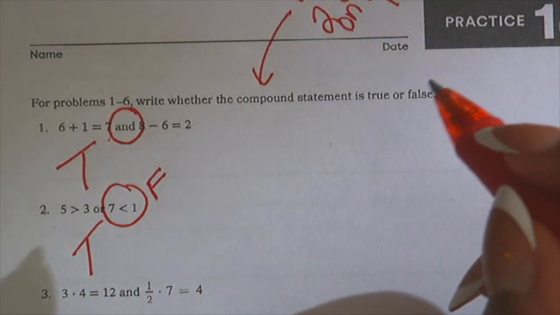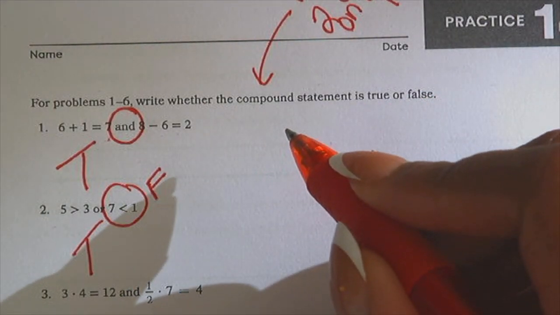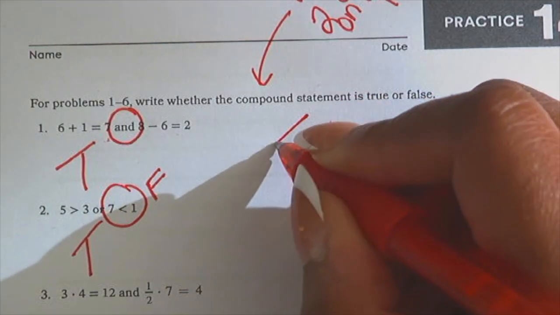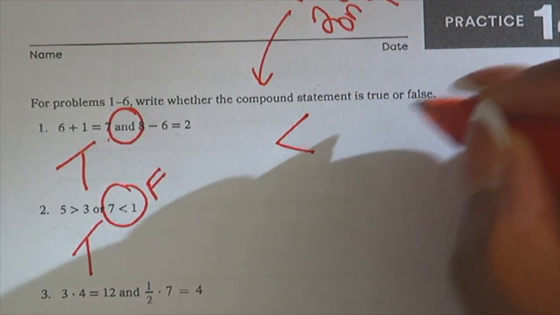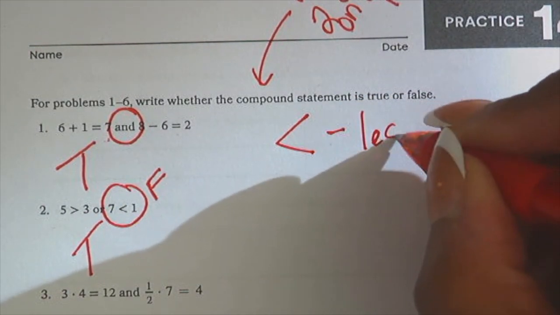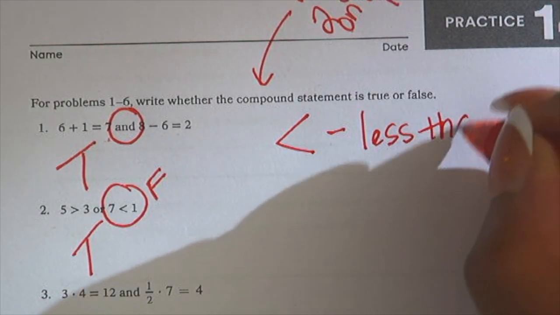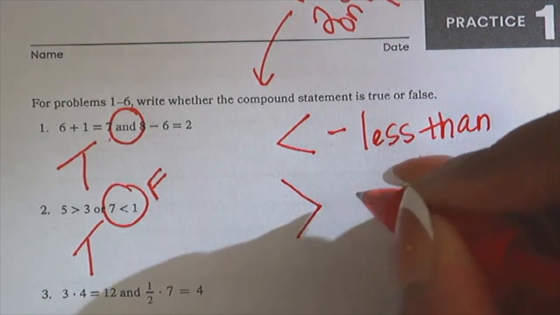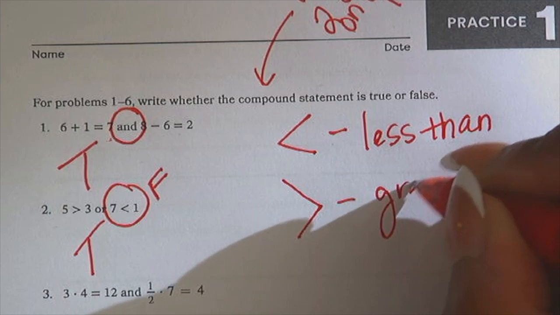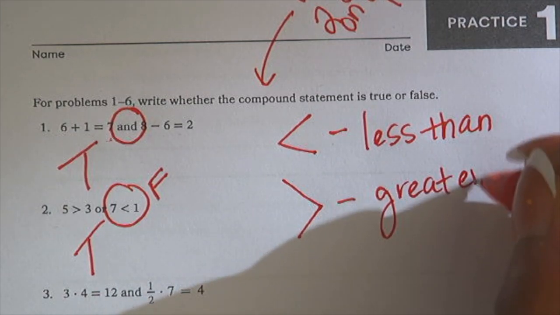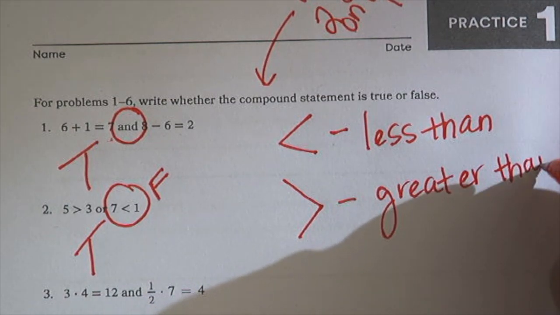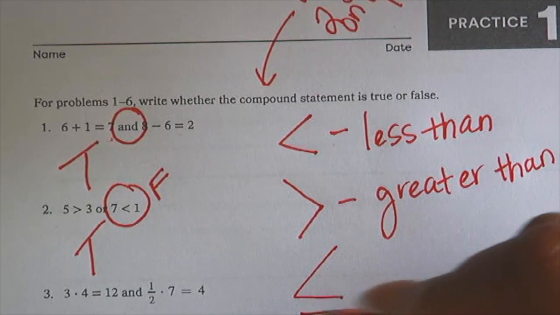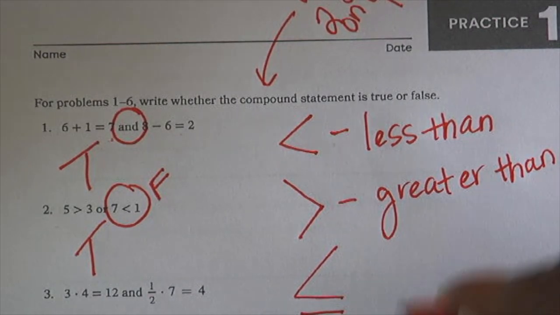And since we're on this, let's go ahead and name our inequality symbols. This symbol right here is called a less than. This symbol is called a greater than. Then, of course, we have less than or equal to and greater than or equal to.